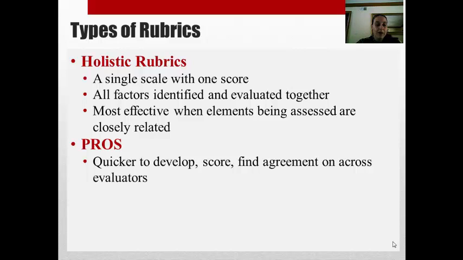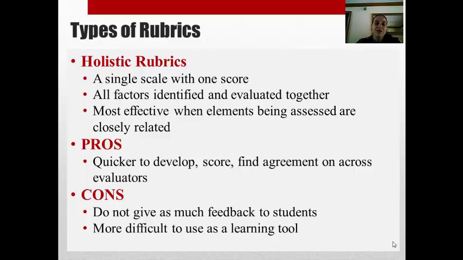Okay. However, they do not give us as much feedback as you would find in analytic rubrics, for example, to students, and so they're more difficult to use as a learning tool than we're going to see in analytical rubrics. And I'm going to give you an example of what holistic rubrics look like in a second.